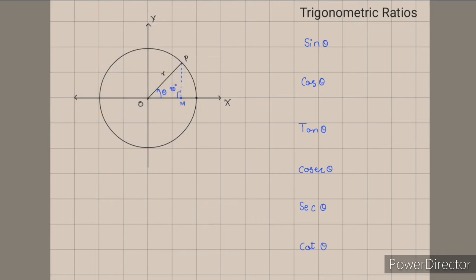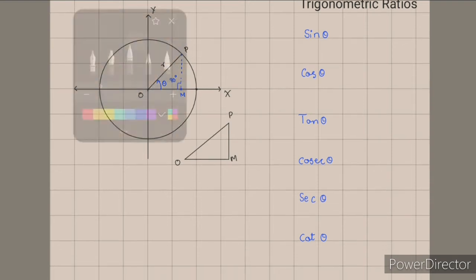Now if you observe, the triangle OMP is a right angle triangle. Now I will draw this right angle triangle. Let's say this triangle OMP is nothing but this triangle, so I will draw O, P and M. This theta is nothing but this theta, and this 90 degrees is nothing but this 90 degrees.